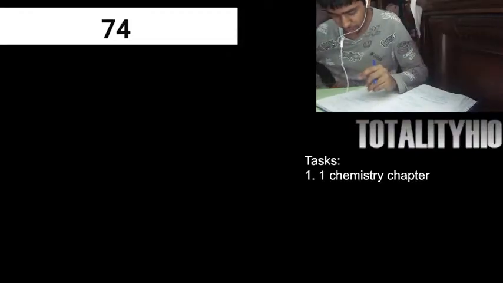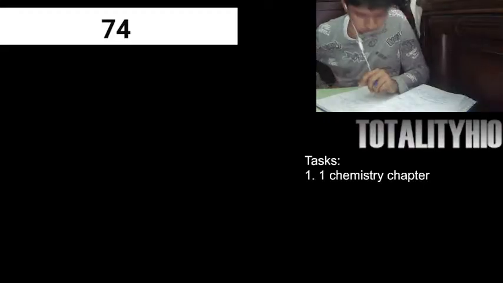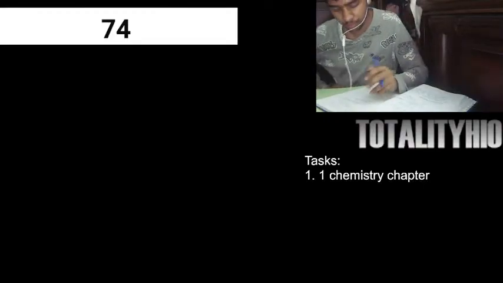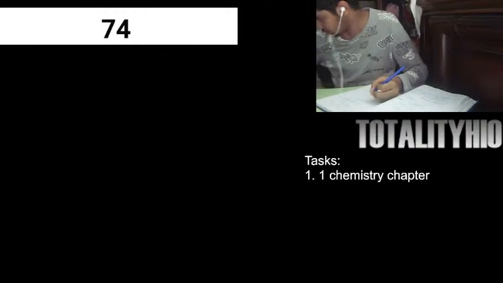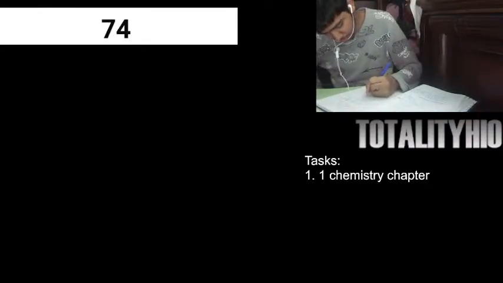Taking a general reaction, Kp is equal to Pc raised to c, Pd raised to d, divided by Pa raised to a, Pb raised to b.